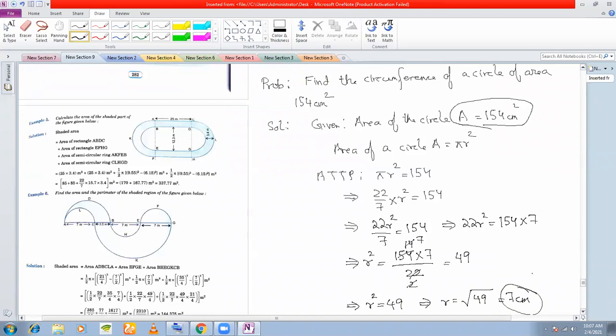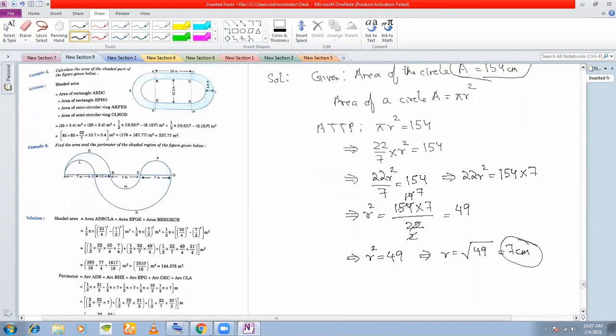So whenever this problem is given to you, if area is given to you and you need to find out the circumference, first you will find out the radius of the circle from the given area or whatever the given circumference. Here the area was given, we found out the radius. So now once we get the radius, now we can find out the circumference of a circle.